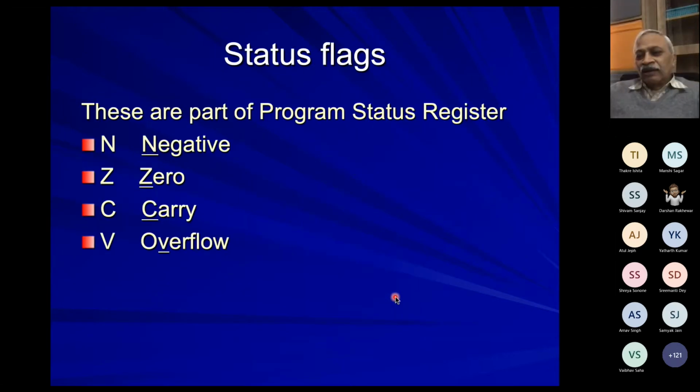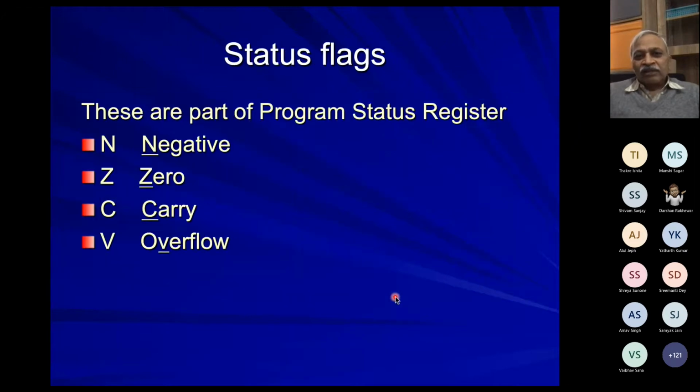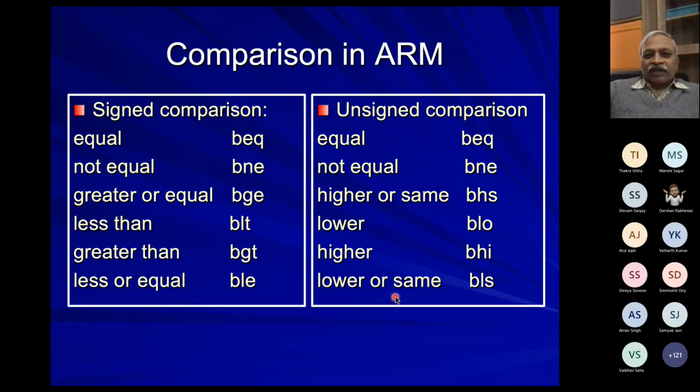Now internally, what happens is that these instructions are doing nothing but testing these flags in some manner. By looking at these flags, you determine whether it is less or greater, less than equal, higher, lower, higher or same, and so on.